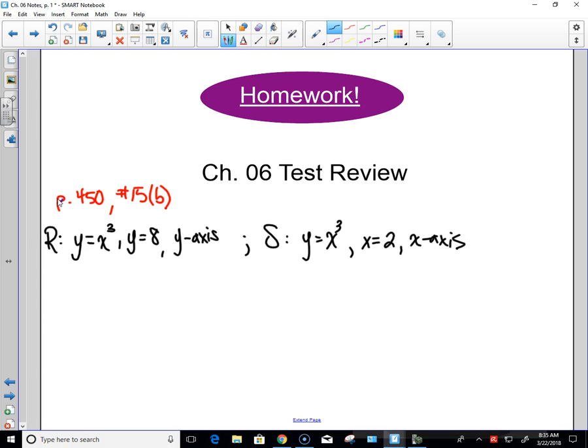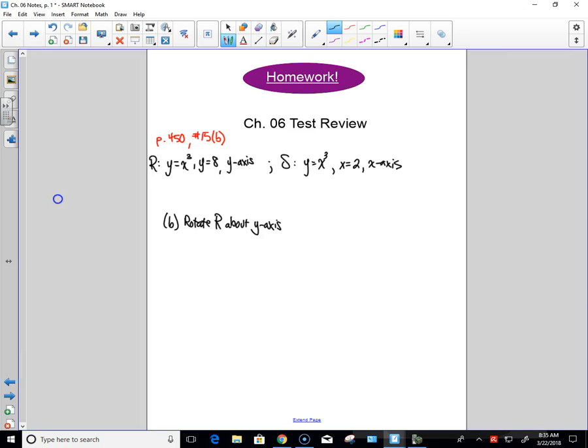Letter B says R about the y-axis. About the y-axis or x-axis? About the y. Just real quick, I'll finish going through it because maybe someone else had a question on it.